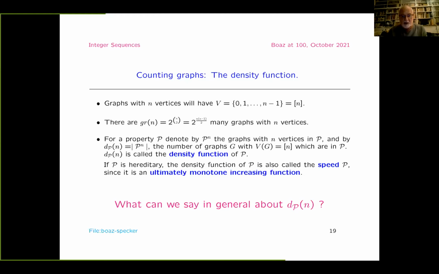So d_P(n) is called the density function. If P, the property, is hereditary, the density function is also called the speed of P, since it is an ultimately monotone increasing function. The speed is a terminology introduced by Bollobás. And so the question is, what can we say in general about d_P(n)?